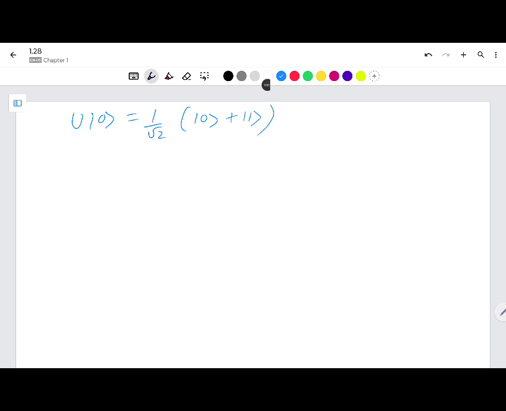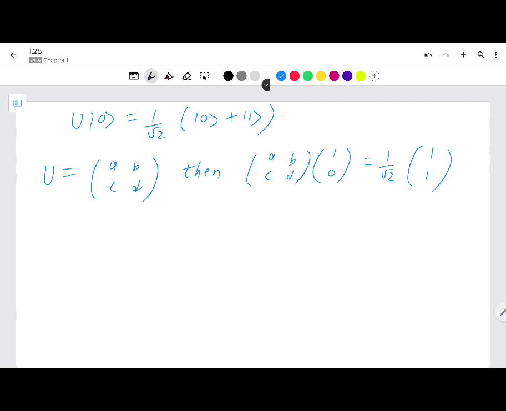Okay, so let's start with a guess. Let's say this is A, B, C, D. Then if A, B, C, D operates on this state, I should get something like this, because when you sum this up, it is 1 0 plus 0 1, which is here.